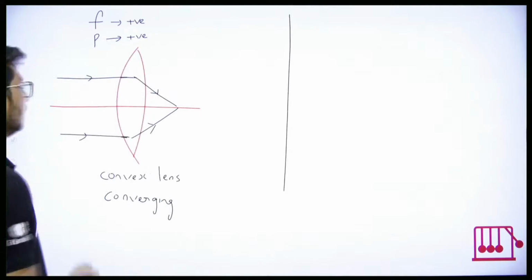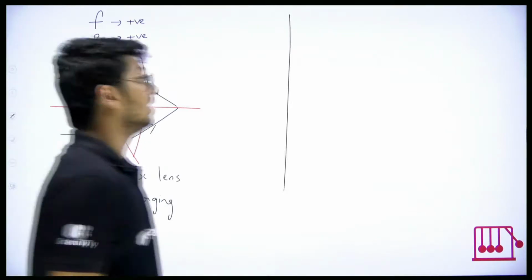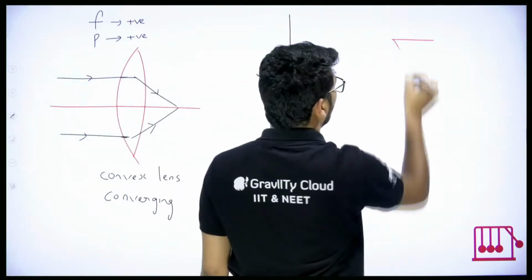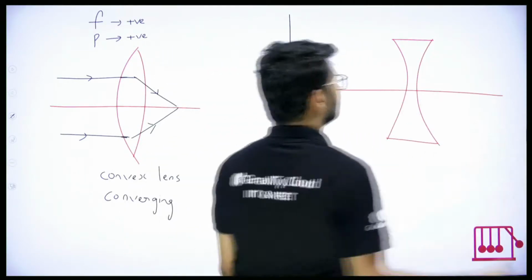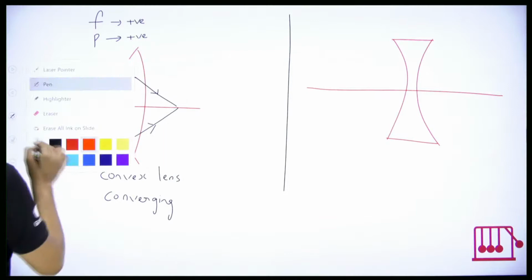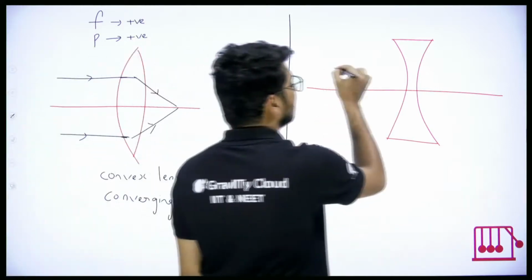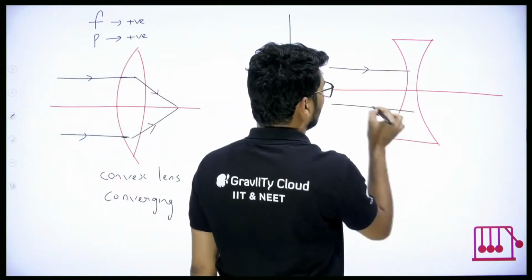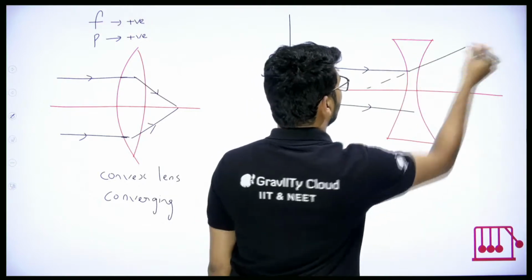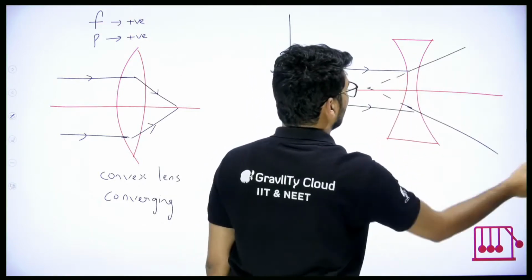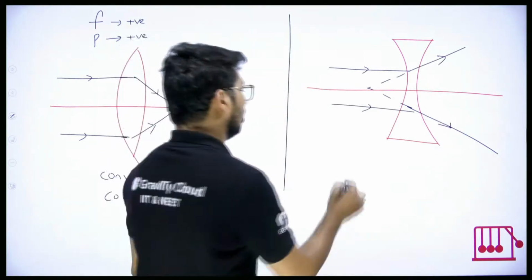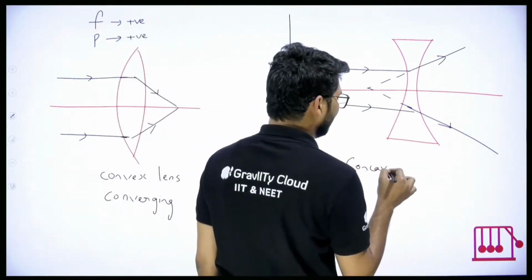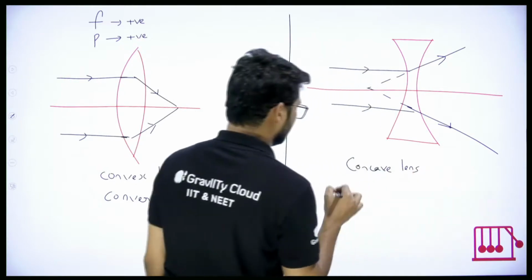Now, similarly, if I take a concave lens with its principal axis, and incident parallel rays, what happens to them? They will refract in this way, or they will diverge. So a concave lens is a diverging lens.